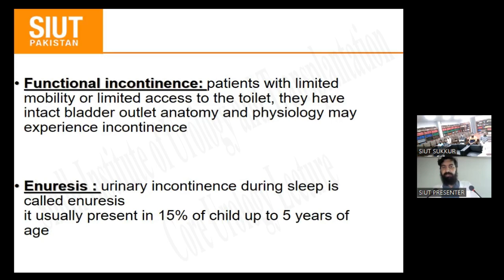Functional incontinence: patients with limited mobility and limited access to the toilet, who have intact bladder outlet anatomy and physiology, may experience incontinence. Enuresis: urinary incontinence during sleep is called enuresis. It is usually present in 15% of children up to 5 years of age.